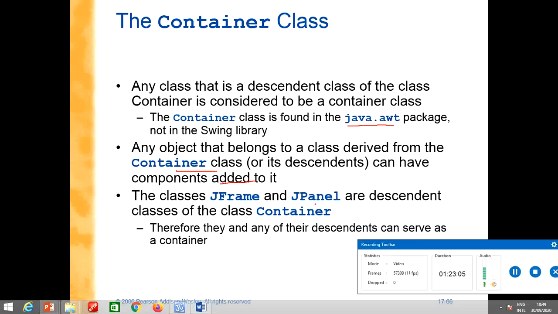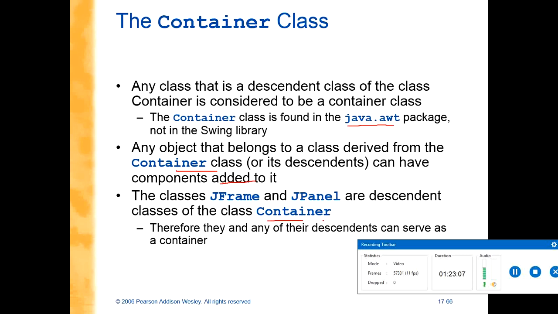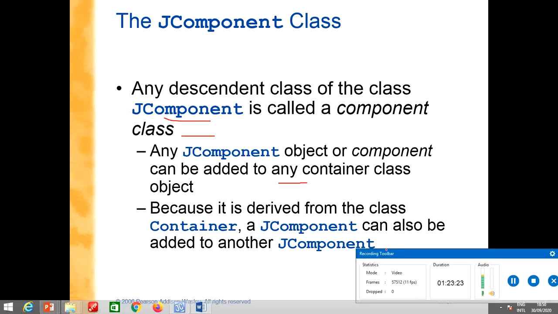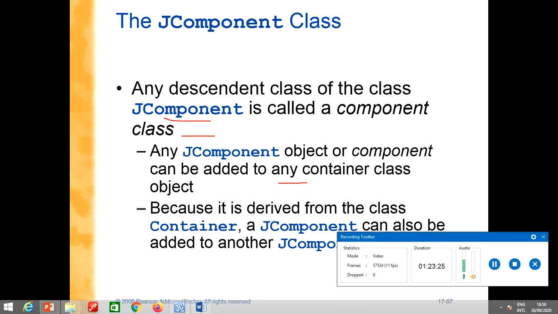JFrame and JPanel are descendants of the class Container, so they can serve as containers. Any descendant class of JComponent is called a component class. Any JComponent object can be added to a container class. Because it is derived from JComponent, it can also be added to another JComponent.